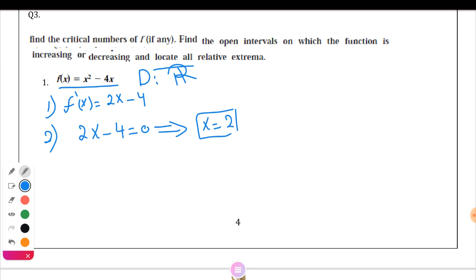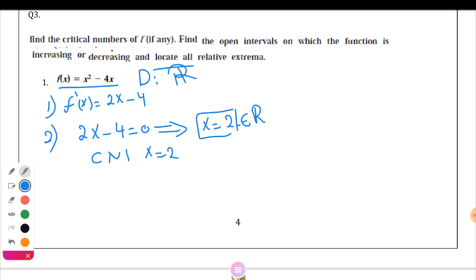In this case, we say the critical number is what? x equals 2. But before I say critical number, the domain belongs to R, so the critical number is 2.